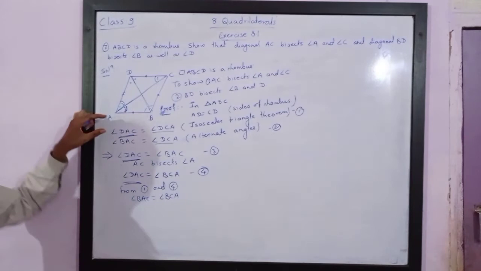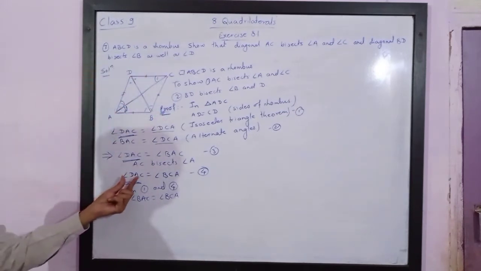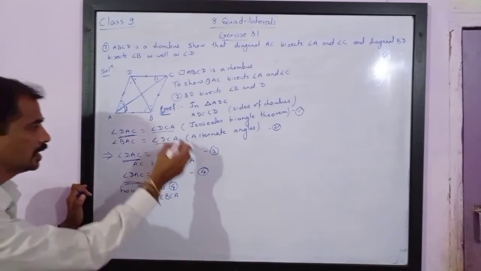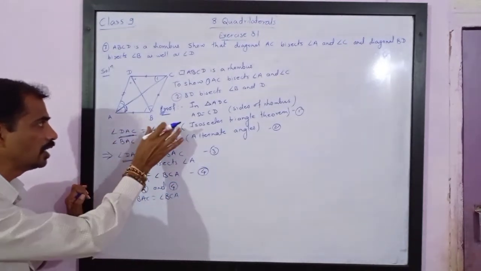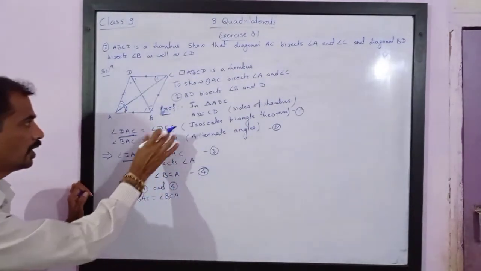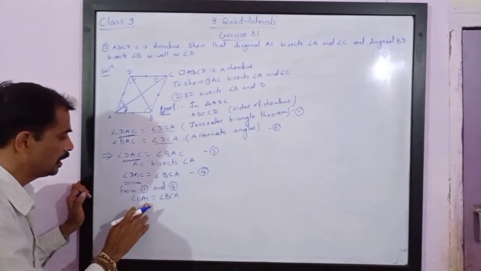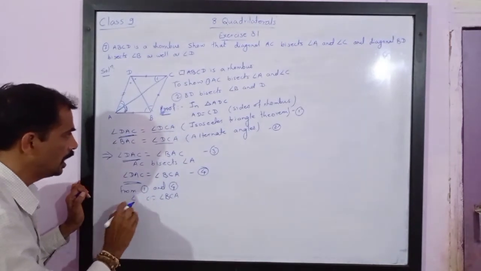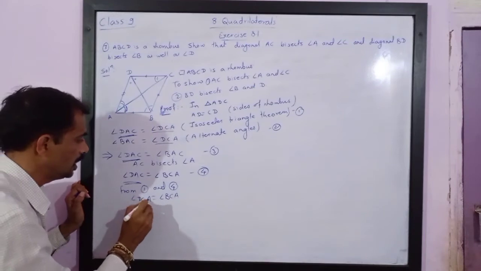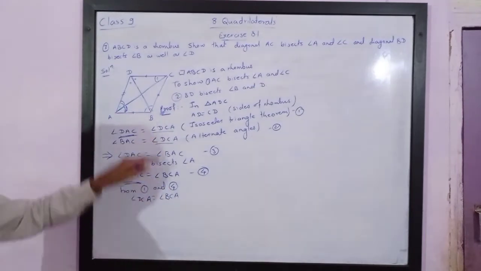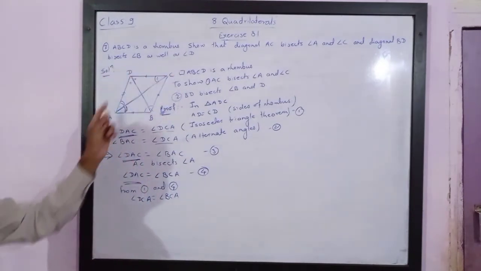From 1 and 4, one is DAC equals DCA, and DAC equals BCA is the fourth. So compare these, DAC left hand sides are equal, it means right hand sides must also be equal. So I will get DCA equals BCA.